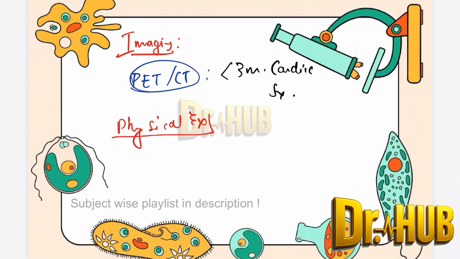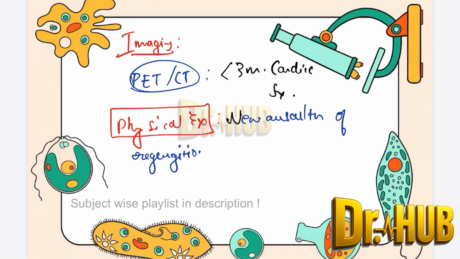All this is under the minor criteria. For physical examination, we look for the new auscultation of a regurgitation murmur, and this is when echo is unavailable.